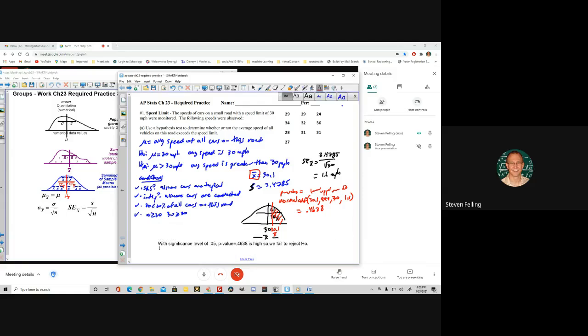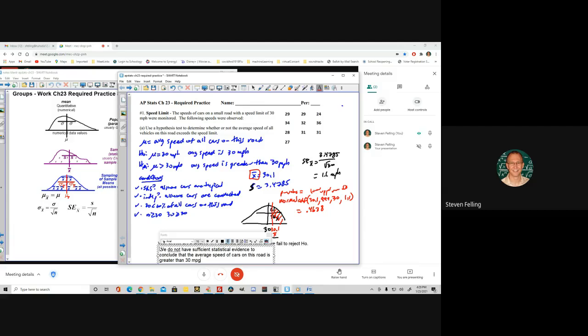So if we didn't reject the null, then we do not have sufficient statistical evidence to conclude that the average speed of cars on this road is greater than 30 miles per hour.